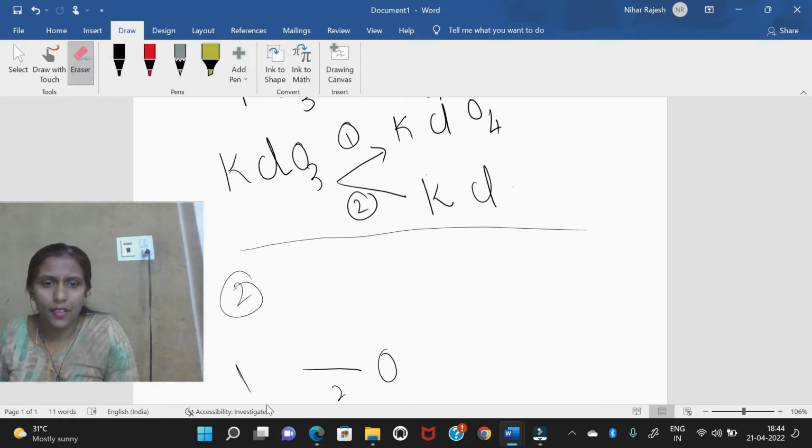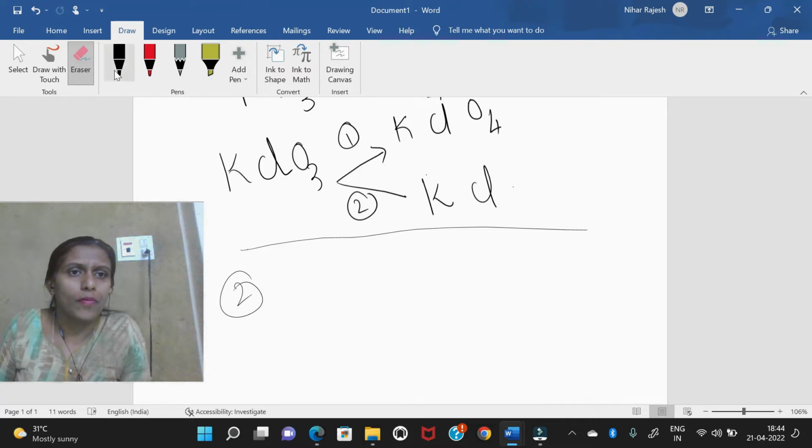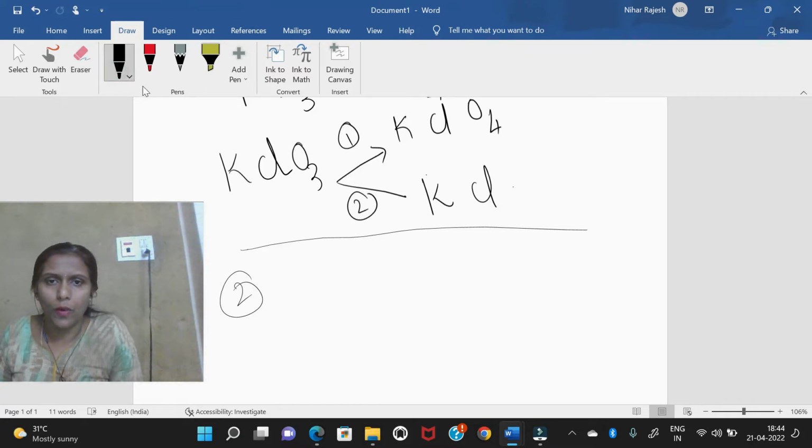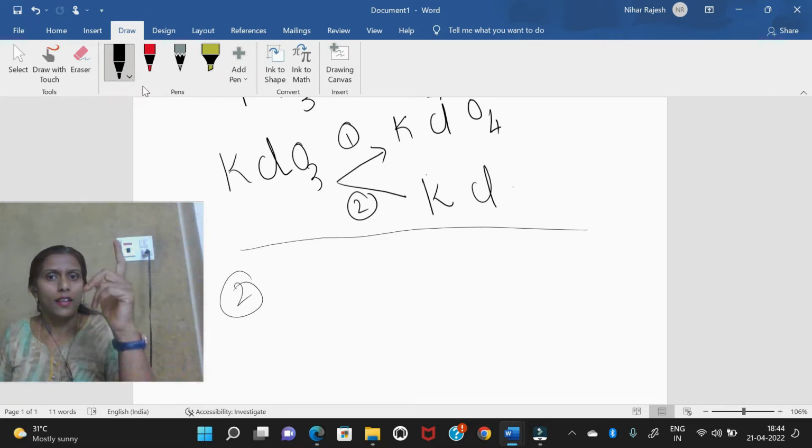Am I correct? Yes. Now one family wants Cl 1 kg, even the other family wants Cl 1 kg.